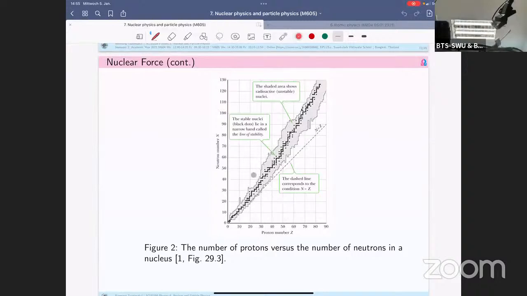In order to keep the nucleus stable, nature has provided more neutrons to the nucleus.